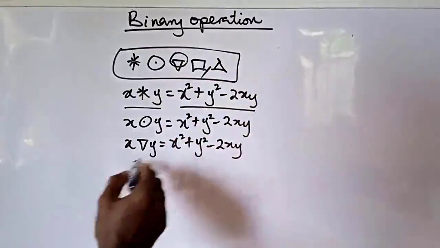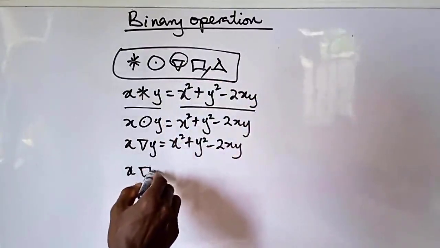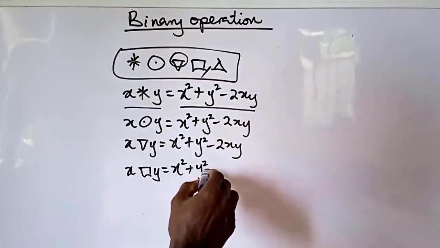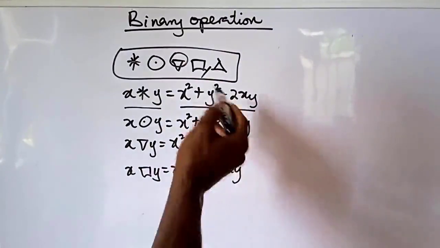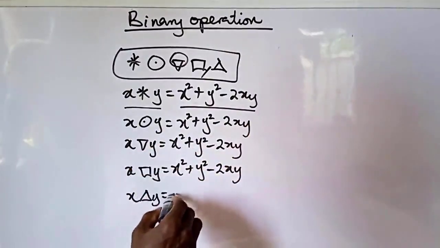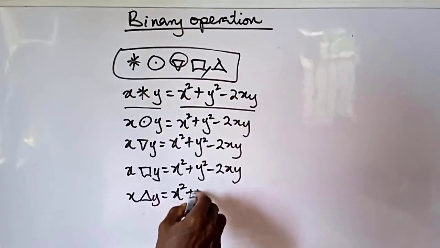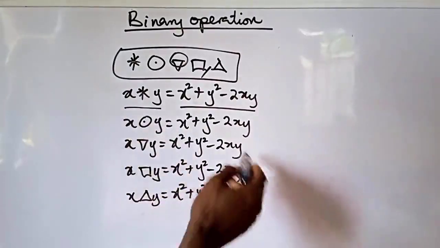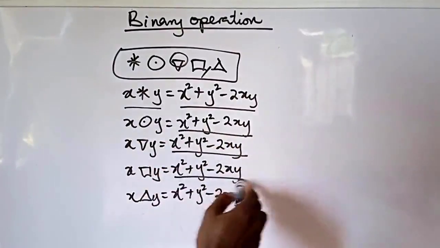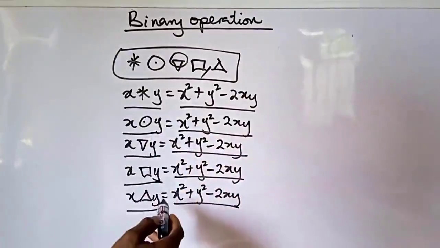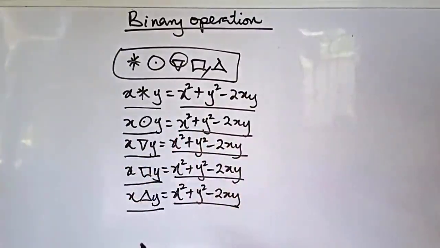You can also say that x operation y equals x to the power 2 plus y squared minus 2xy. All these expressions obey this operation respectively. So let us kickstart with some examples.